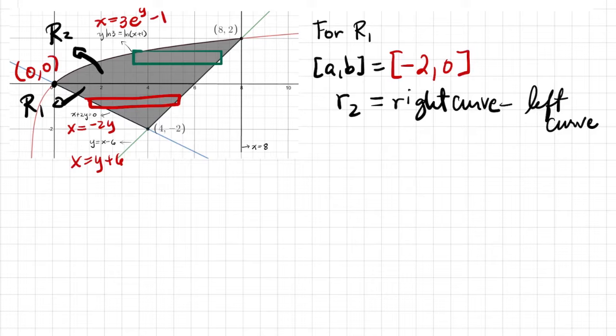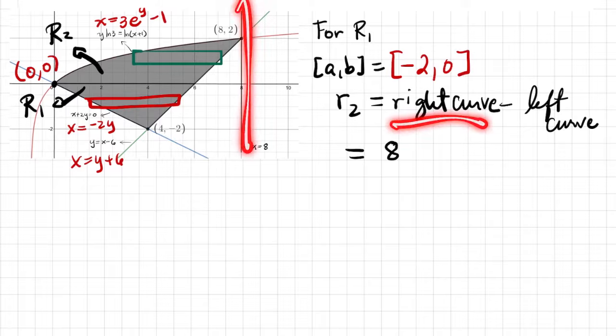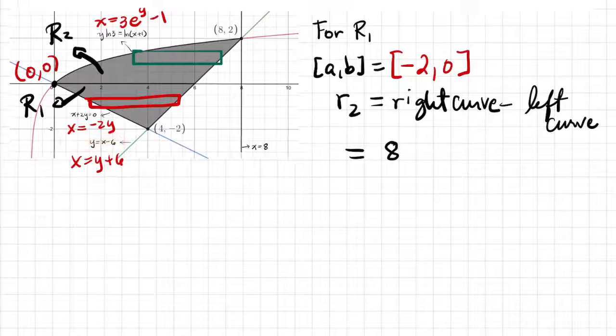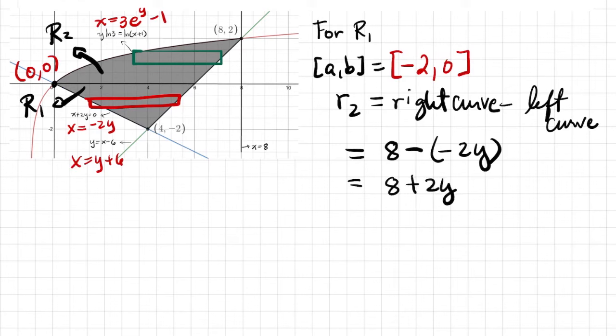Okay? So R2 is equal to, what is our right curve? It's 8. The right curve is this line, while the left curve will be this, which has an equation x equal to negative 2y. So minus negative 2y. So this is equal to 8 plus 2y. And for R1, same again, right minus left.